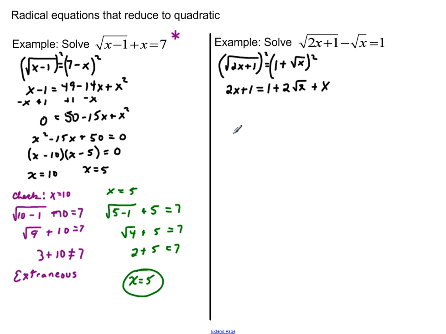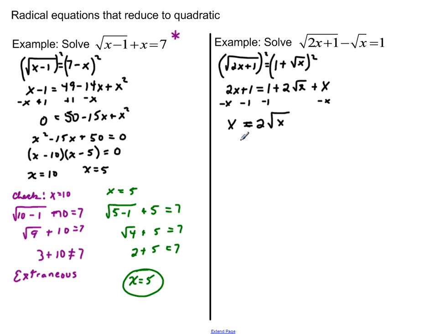All right, well, we're going to have to start combining terms and reduce things out if we can. So we would subtract 1 from both sides and subtract x from both sides. And what we're going to find right here is that x is equal to 2 times the square root of x. Oh, sort of an interesting equation here.